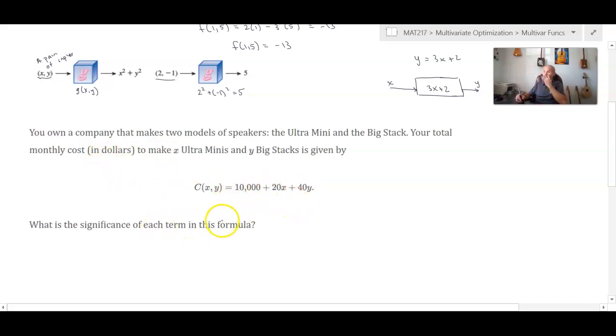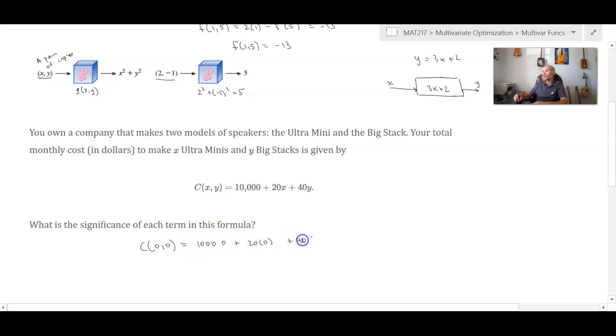What's the significance of each term in this formula? Well, let's think about this. Let's just look at C of 0, 0. What would be the cost if I were to produce 0 of each? That means X and Y are both going to take on a value of 0.